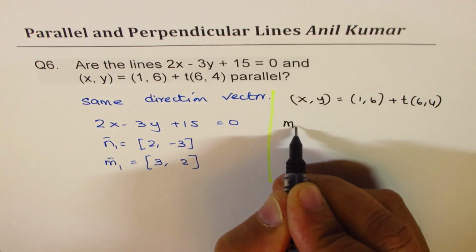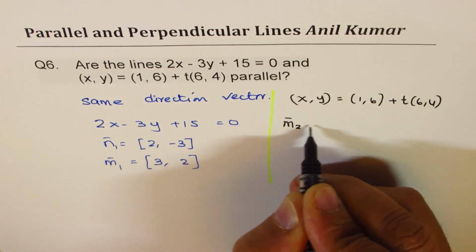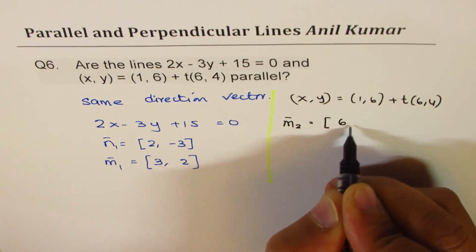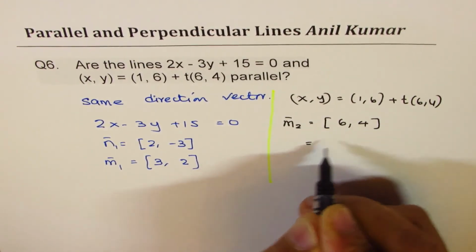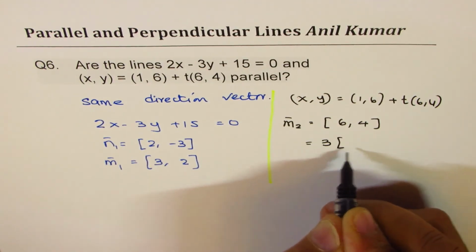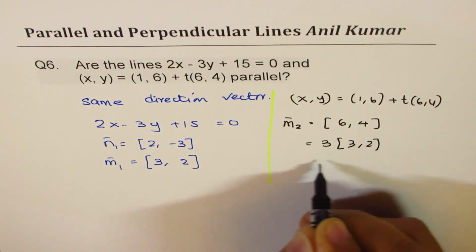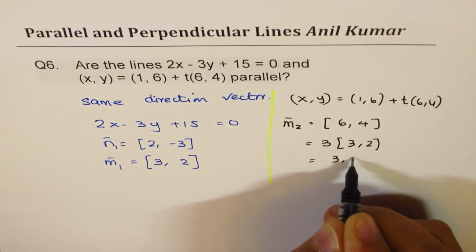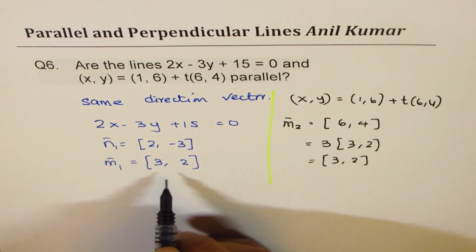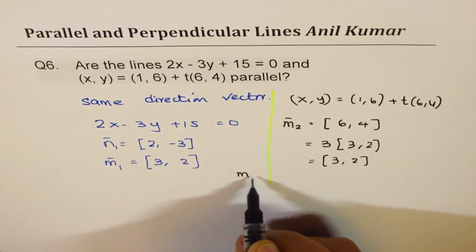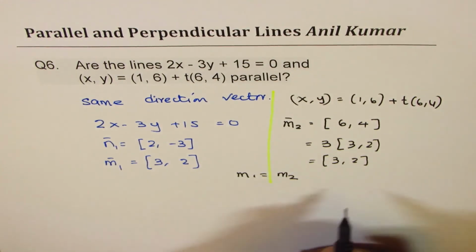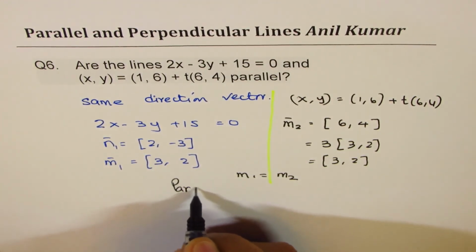So the direction vector here, we can call m2, is given to us as 6, 4. Note 6, 4, we can take 3 common. So we get 3, 2. Same direction, right? Now since m1 is equal to m2, we have parallel lines.